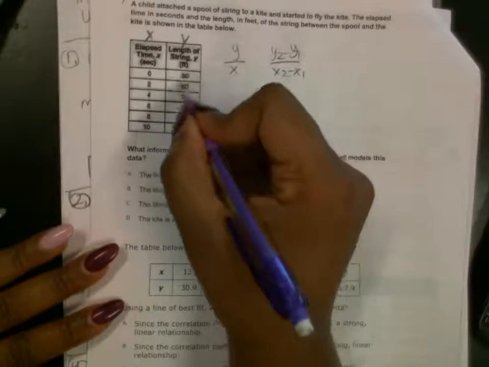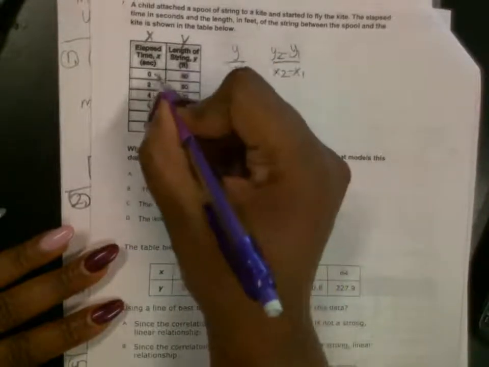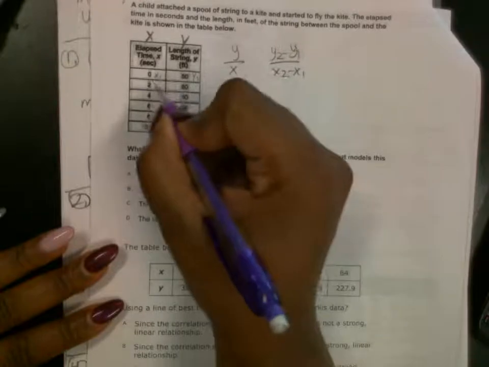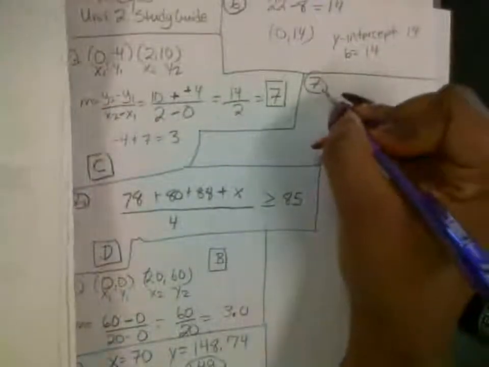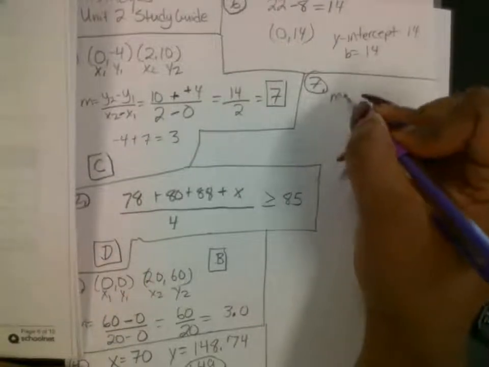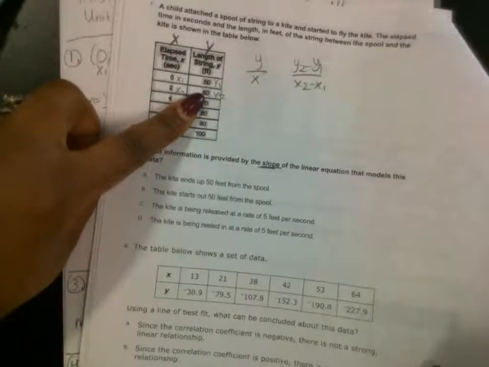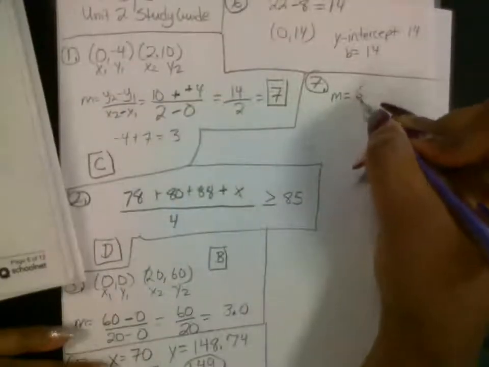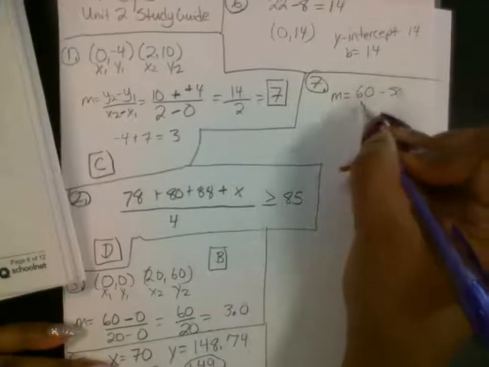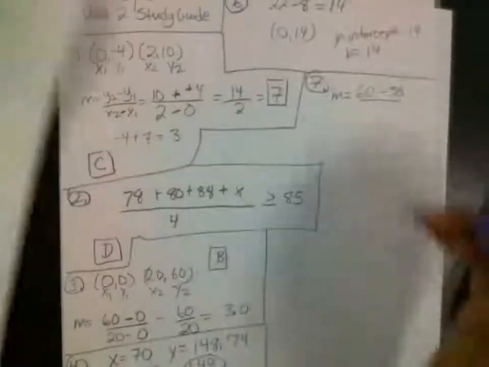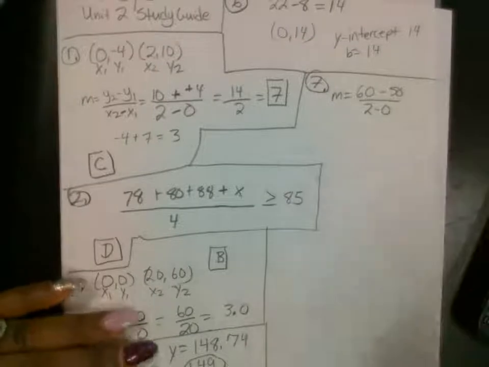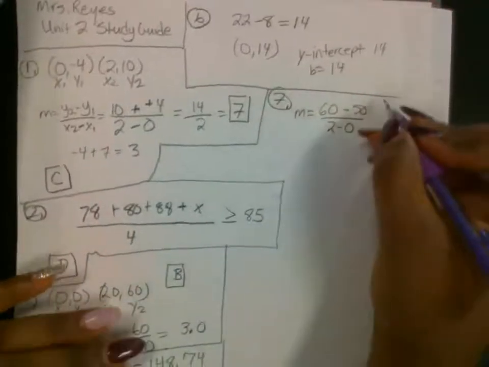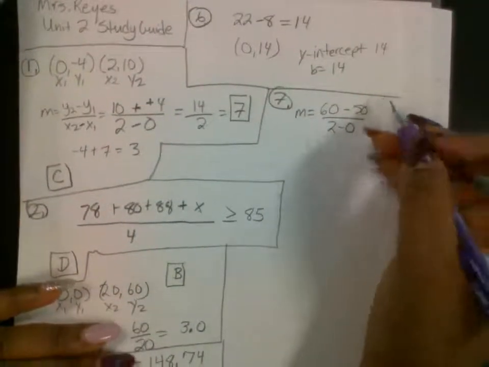So if we're using these first 2 points, this is x1, y1. This is x2, y2, okay? So number 7. We have on the top, our y2 is going to be 60, minus 50. So we have 60 minus 50. And on the bottom, we have 2 minus 0. So this is going to be 2 minus 0. Please rewind or pause it if you need more time, okay?